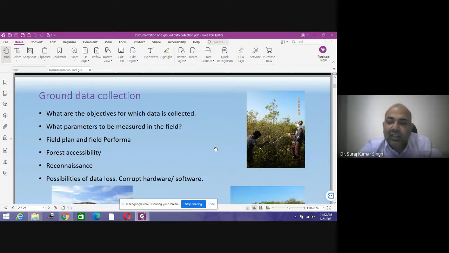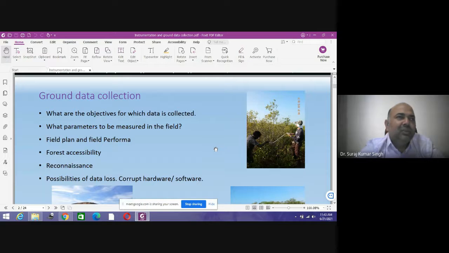So for that, ground truth collection and data verification are very important to understand the nature of the area where you're doing your research, to understand the accuracy, to understand the method, to understand the procedures of data collection.